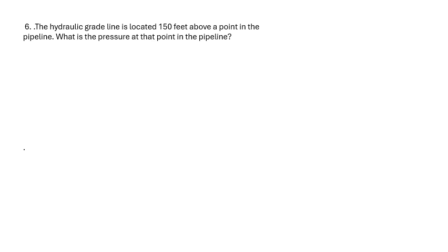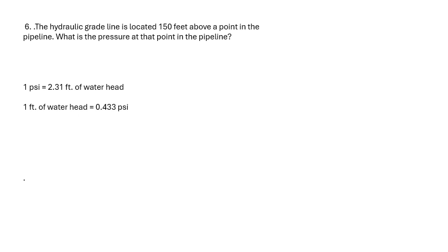Question number 6. The hydraulic grade line is located 150 feet above a point in the pipeline. What is the pressure at that point in the pipeline? All right, so it's same formulas. This is pretty straightforward.